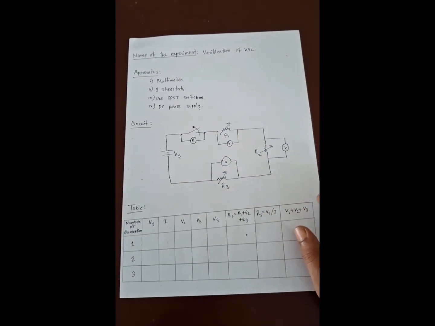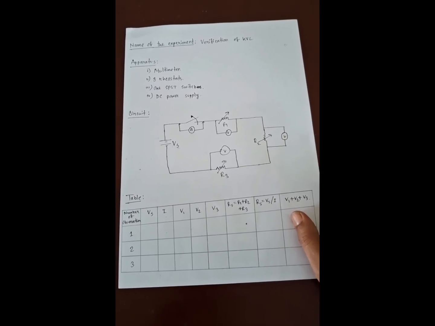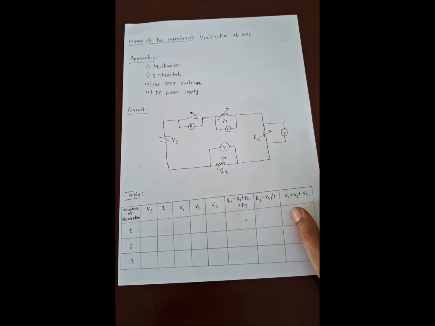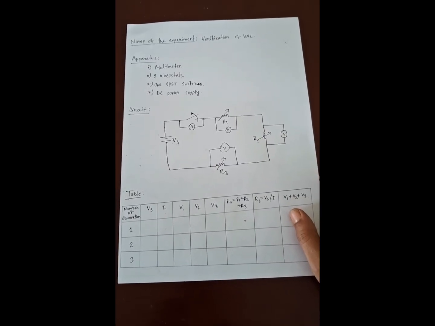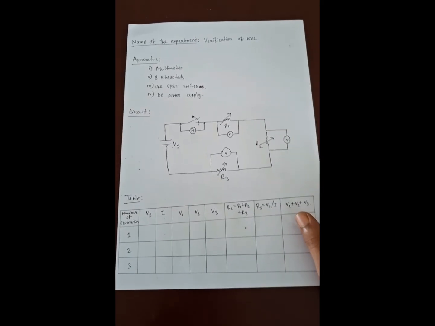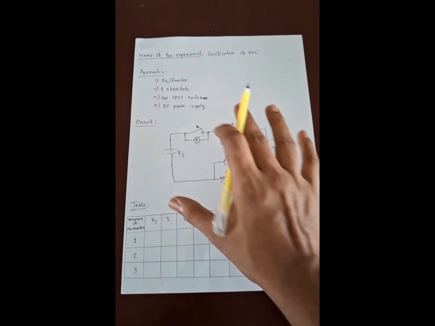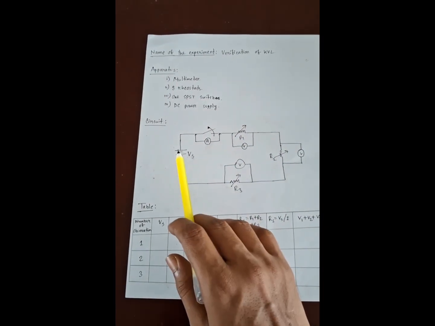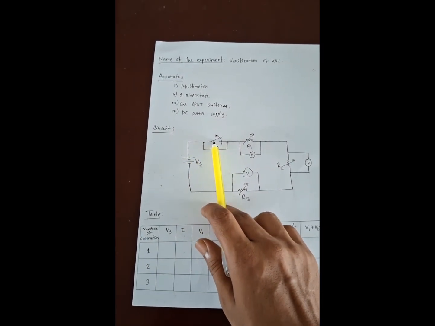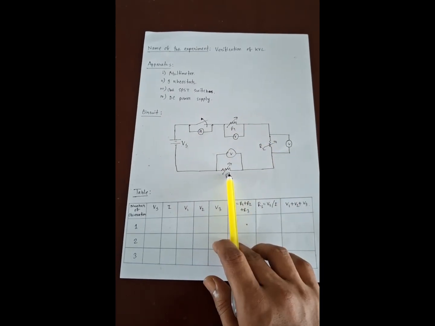So let's get into today's experiment, verification of KVL, that is Kirchhoff's voltage law. To conduct this experiment we will need some apparatus: a multimeter, 3 rheostats, 1 SPST switch and a DC power supply. In the circuit diagram, we see there is a voltage source connected to an SPST switch, and the SPST switch is connected to 3 rheostats in series.